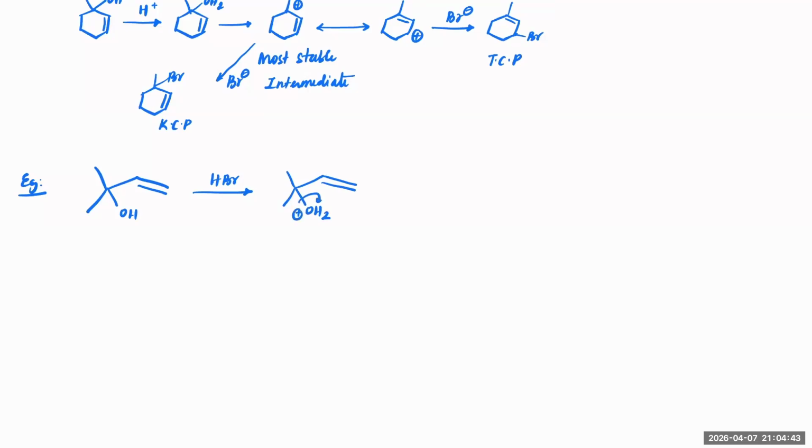OH2 will be formed, this will be relieved, and a carbocation will be formed here. From that carbocation, due to resonance, double bond will shift here, positive charge will come here. If you are adding Br minus directly, then you will get a minor product. In that case, the minor product is KCP. This is minor.